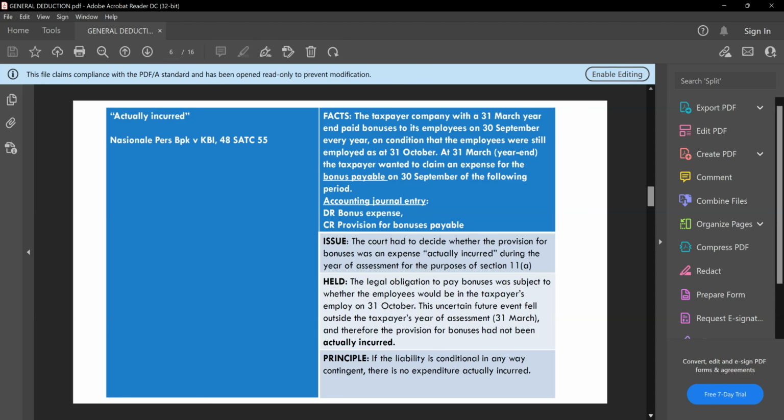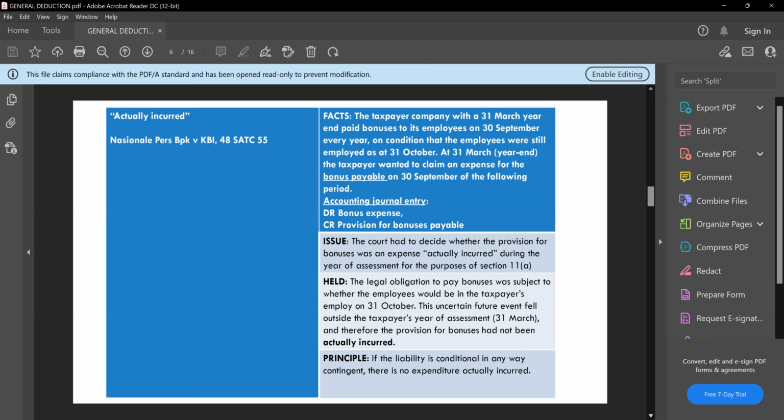The court had to decide whether the provision for the bonuses was an expense actually incurred during the year of assessment for the purpose of Section 11A. So this is a similar case to the one that we've just done in the previous slide.